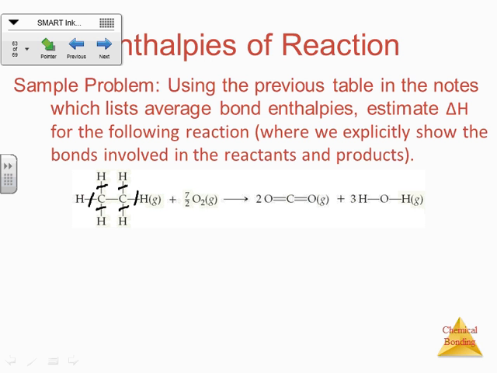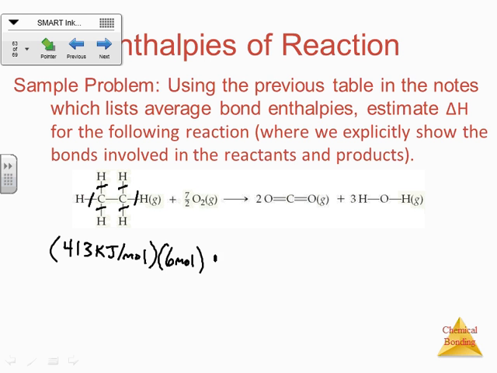So 413 kilojoules per mole, and we're breaking 6 of those, so we have to multiply it by 6. So 413 times 6 moles of bonds being broken here, because we're dealing in moles when we're looking at the overall equation.